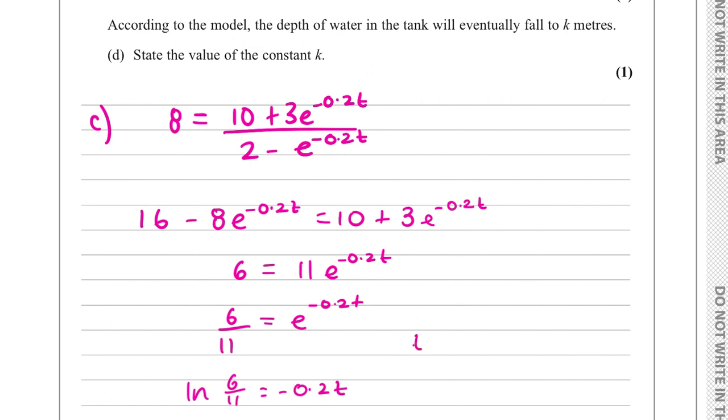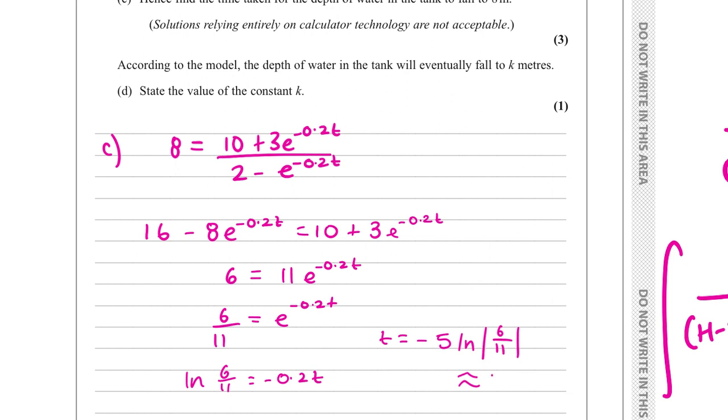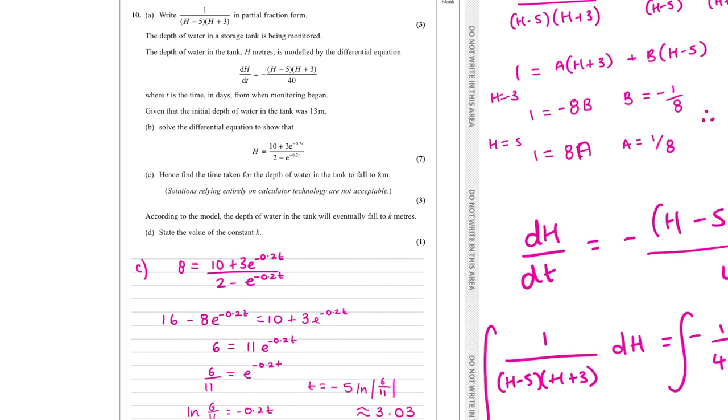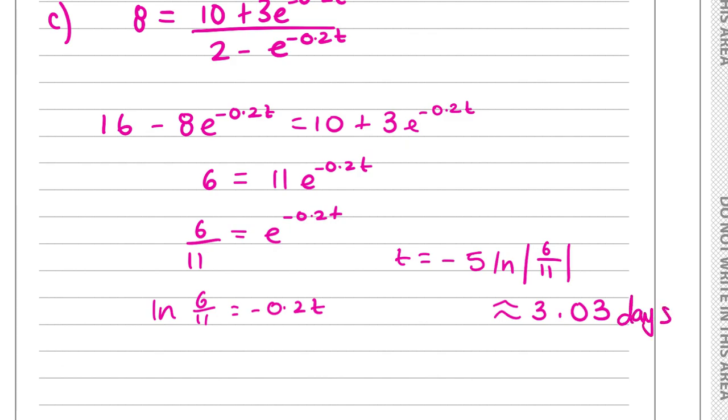Therefore t equals, multiplying both sides by minus and dividing, minus 5 ln of 6 over 11, which is approximately, what does it want? It doesn't say, so just do 3 significant figures. 3.03, and the time taken is the time in days? Yes, time is in days, which is perfect.